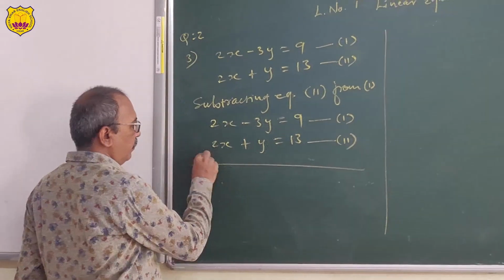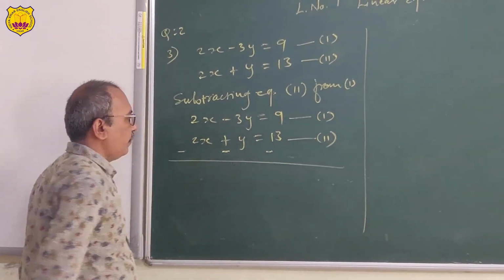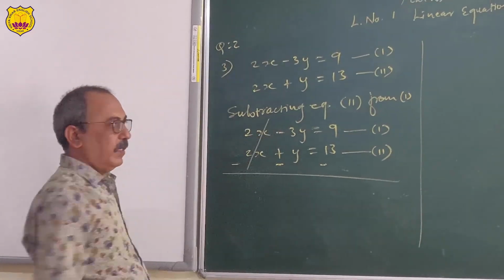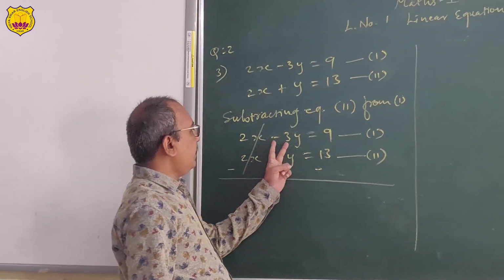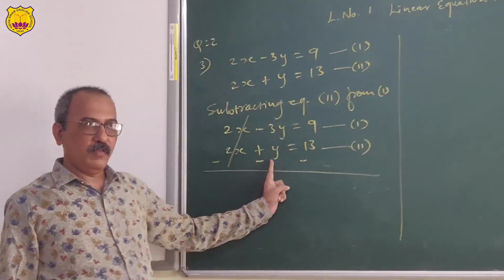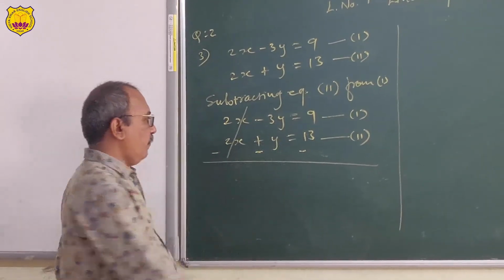So here, the sign should be changed. Here also change. So 2x minus 2x will be cancelled, and you get 0. So no need to write anything over here. Now minus 3y minus y. This is 1y. This should be treated as 1y. 3y and 1y will be 4y.